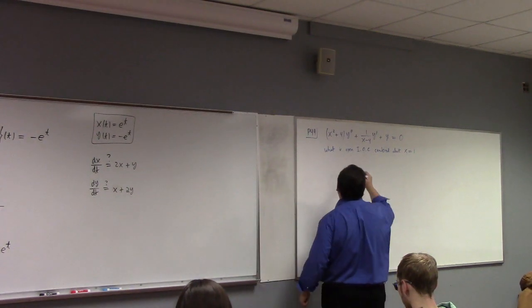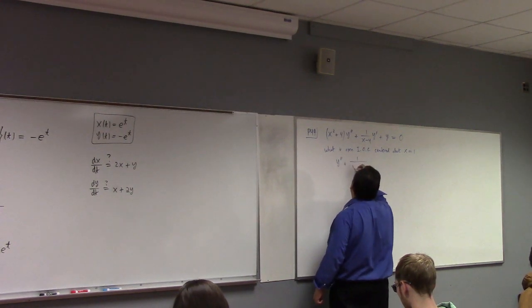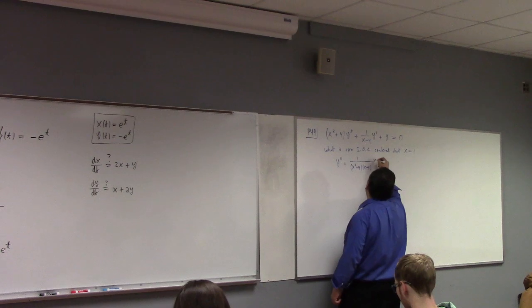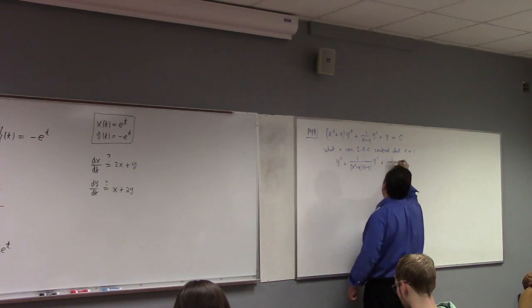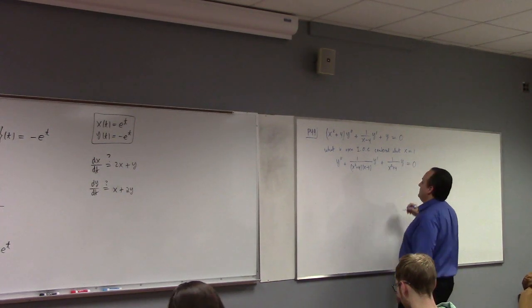To see that most clearly, we need to rewrite the differential equation like this: y prime prime plus 1 over (x squared plus 4) times (x minus 4) y prime plus 1 over (x squared plus 4) times y is equal to 0, right?